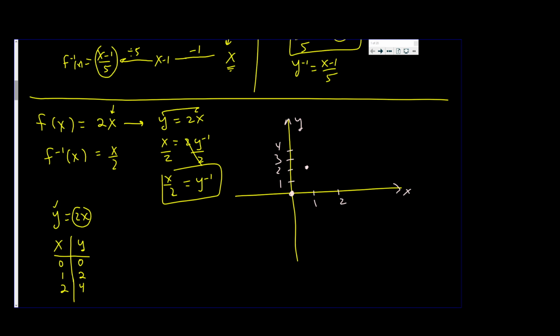Probably a better error would have been the following. Suppose the second point you got wrong. If you didn't know the second point wasn't over here, you would draw this line, and you'd be wrong.